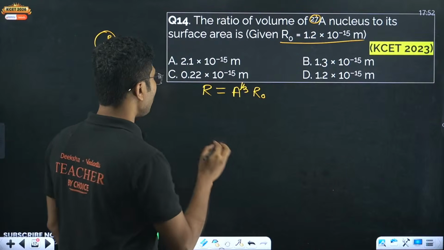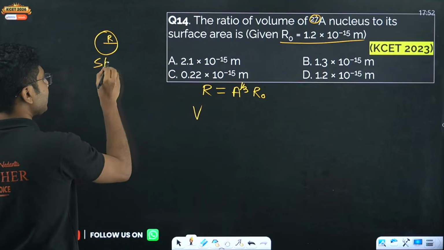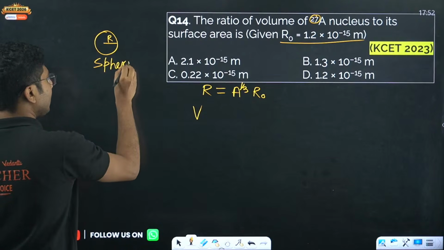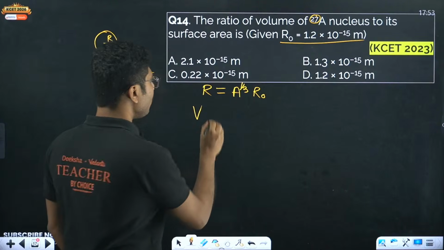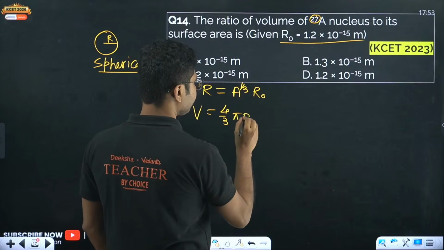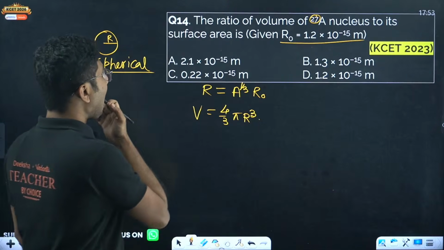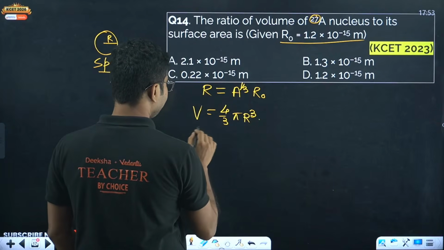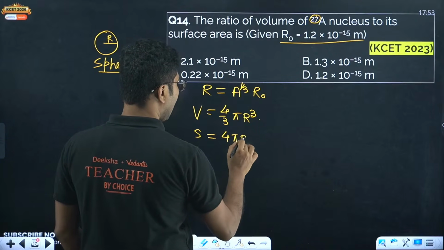Now what is the volume? What is the shape of the nucleus? Nucleus is spherical, so the volume must be 4/3 pi r cube. What is the surface area? Surface area is 4 pi r square.